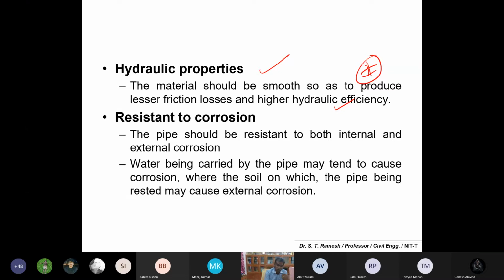Frictional losses should be minimum, and you should get higher hydraulic efficiency. That's the second point. Third one is it should also resist both internal and external corrosion. Please make a note of this, because it is buried under soil. Depending upon the soil condition, the pipe material should be resistant enough to both internal and external corrosion.